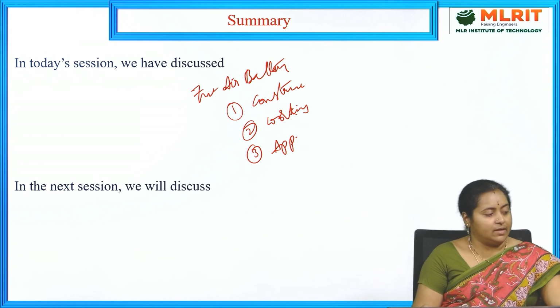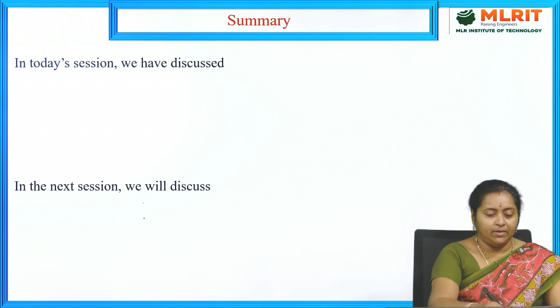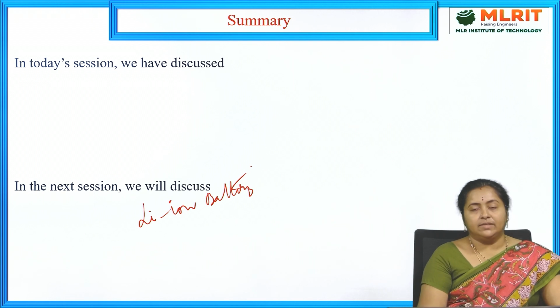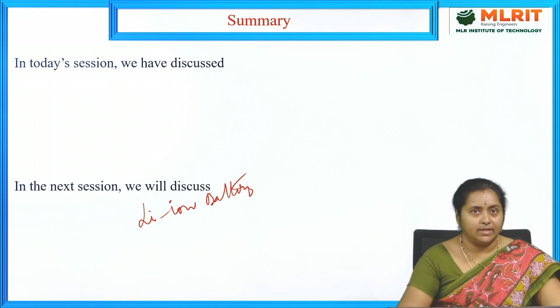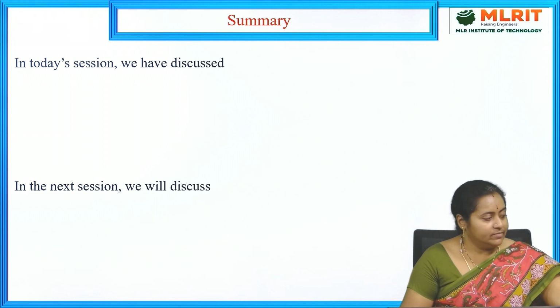In the next session, we are going to study the lithium ion battery, which is an example of a secondary battery. Likewise, what we have studied for the zinc air battery, construction, working and applications, we will discuss for the lithium ion battery. So that's all for today's class. Thank you so much.